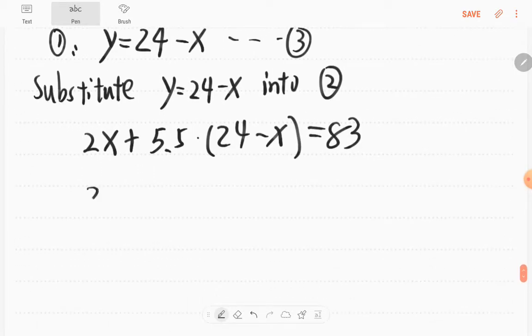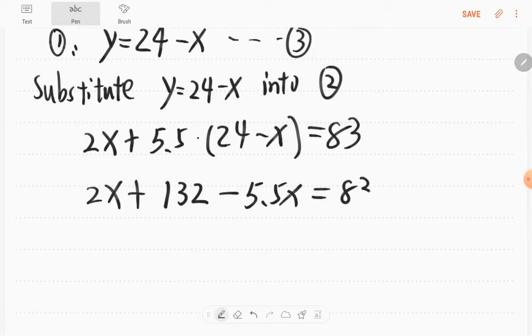So this would be 2x plus 5.5 times 24, which is 132, minus 5.5x equals 83.